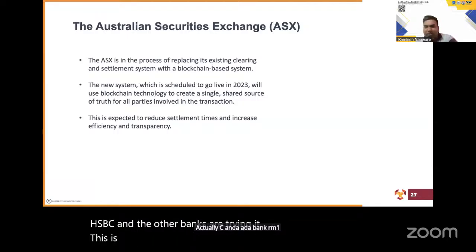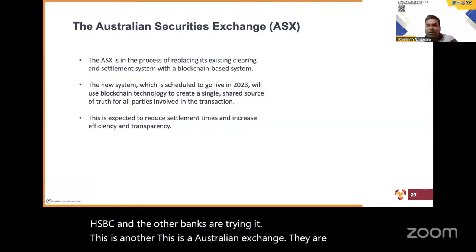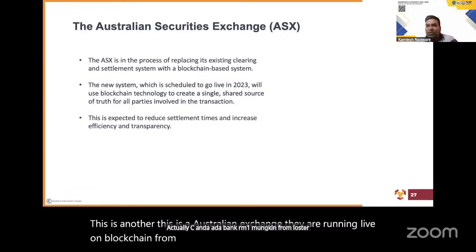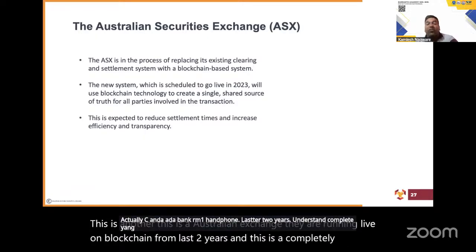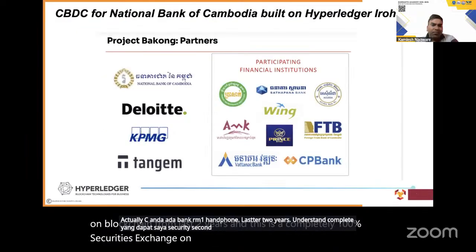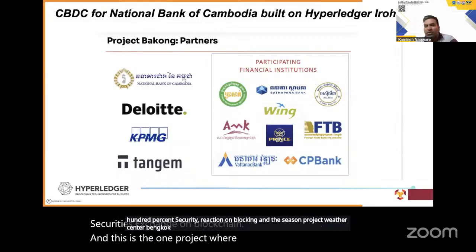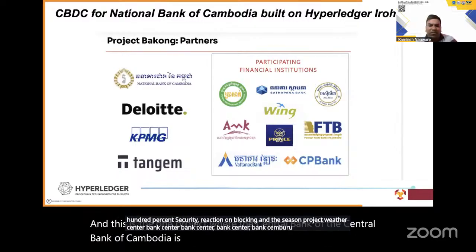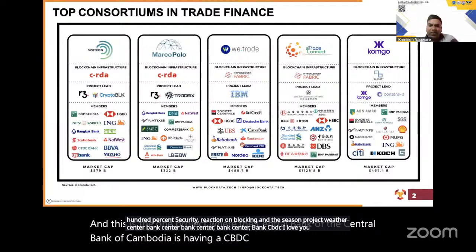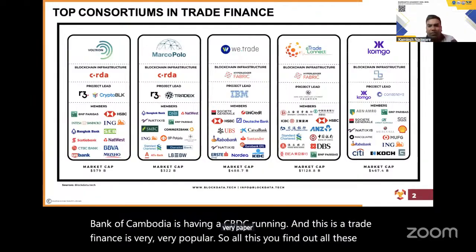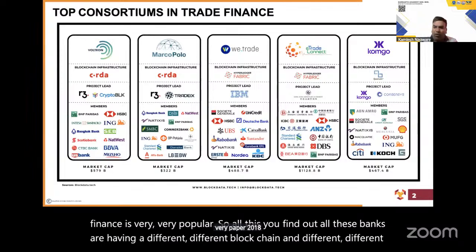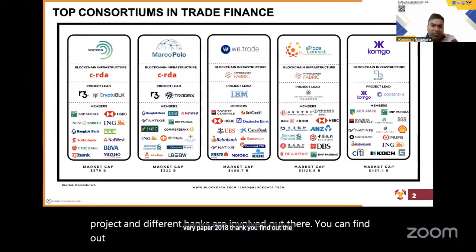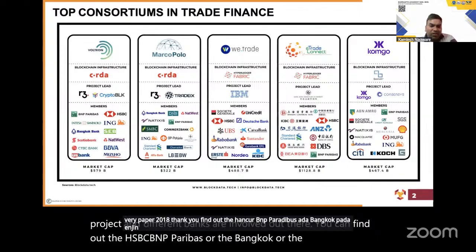This is an Australian exchange. They have been running live on blockchain for the last 2 years, and this is a completely 100% securities exchange on blockchain. And this is one project where the Central Bank of Cambodia has a CBDC running. And trade finance is very popular. You will find all these banks have different blockchains and different projects, and different banks are involved: HSBC, BNP Paribas, Bangkok Bank, ING, US Bank.